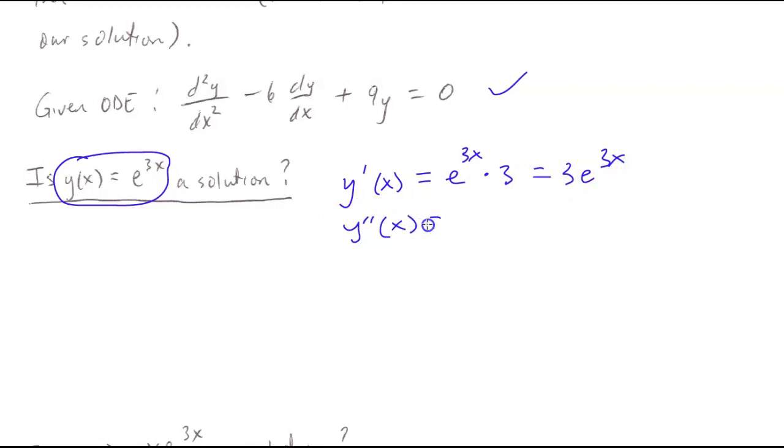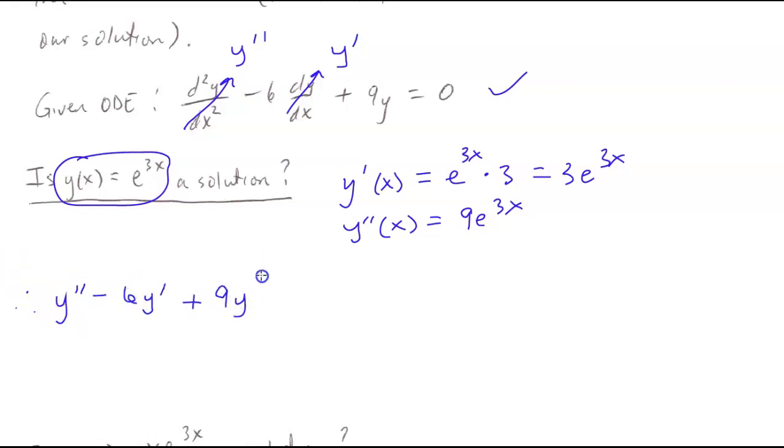Second derivative will just be the derivative of the derivative. And if we repeat that process again, we'll get 9e raised to the 3x. And so here we could look at this as y double prime, look at that as y prime. So therefore here we can have y double prime minus 6y prime plus 9y is equal to 0.